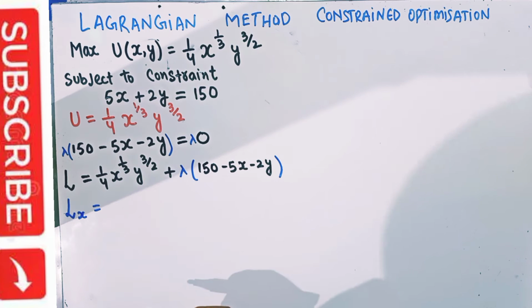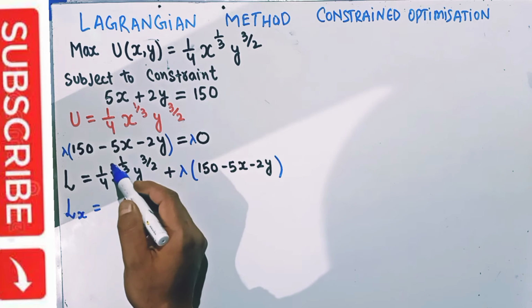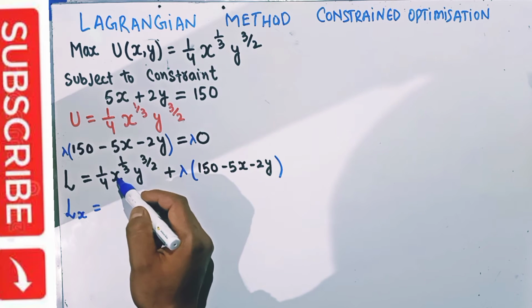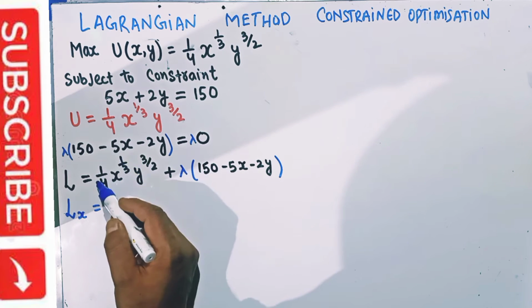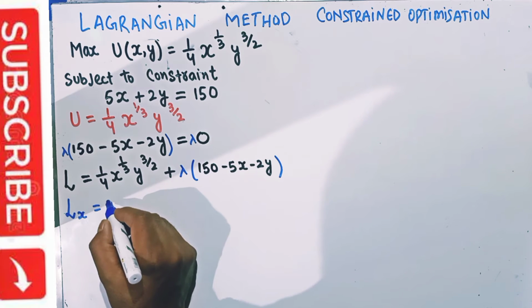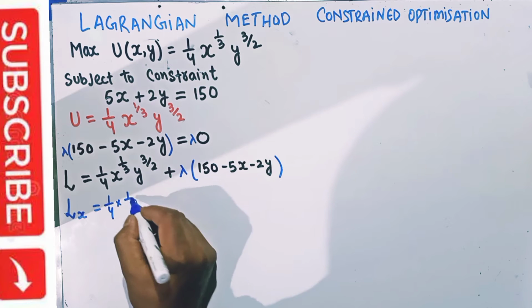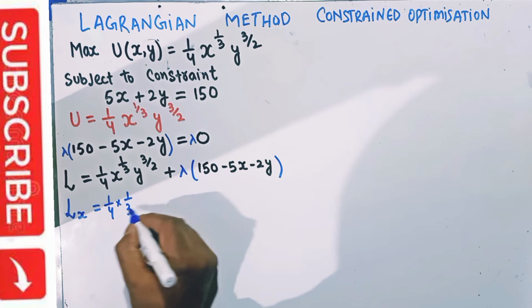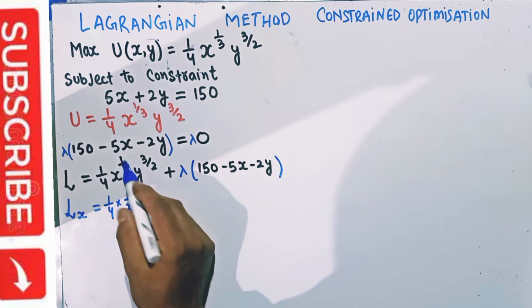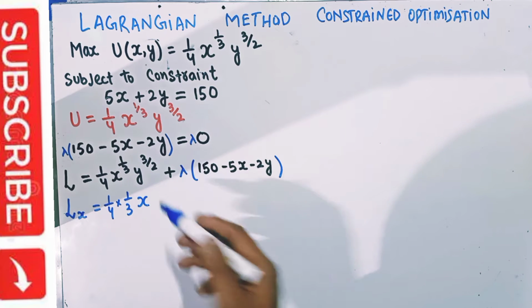So doing the calculation here, the exponent of x is 1 upon 3, it will become the coefficient. So we have 1 upon 4, we multiply by 1 upon 3, the exponent of x. Then we have x raised to power 1 upon 3 minus 1. The exponent is subtracted by 1.